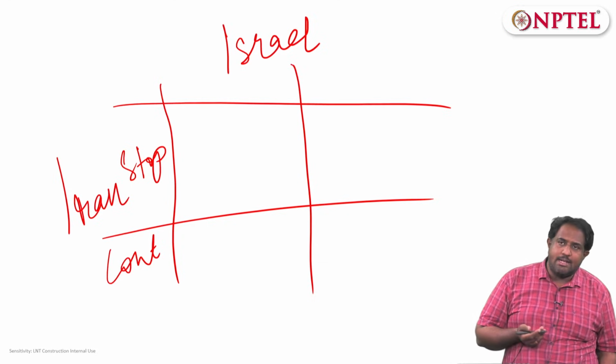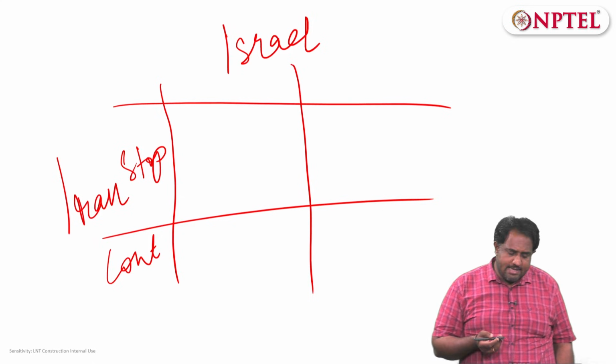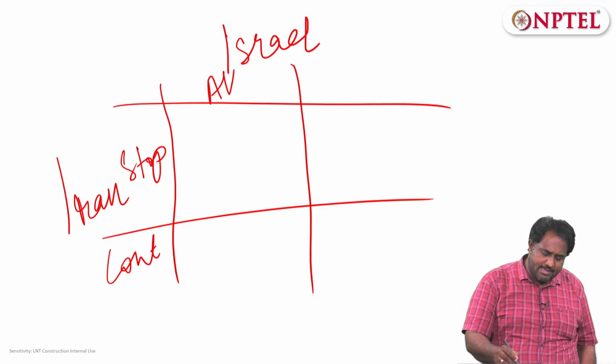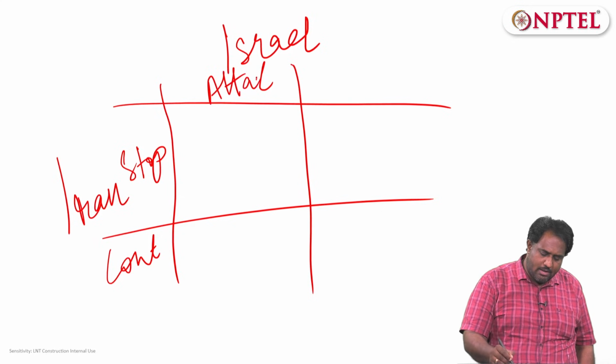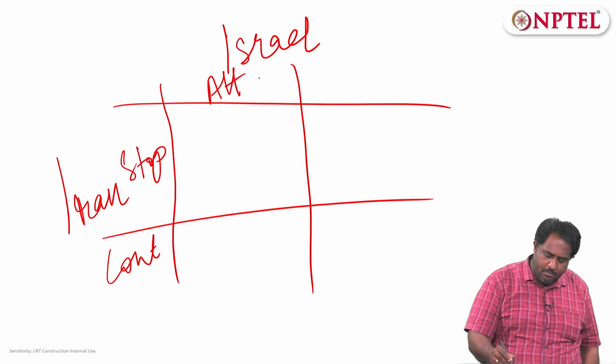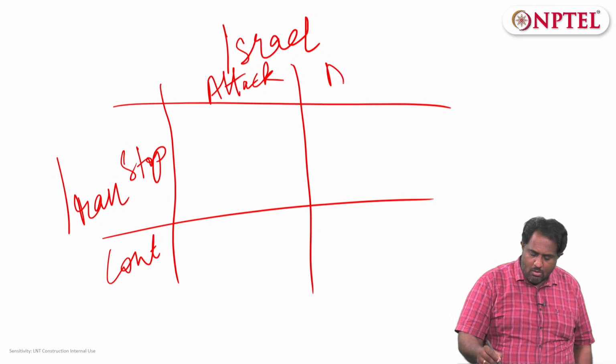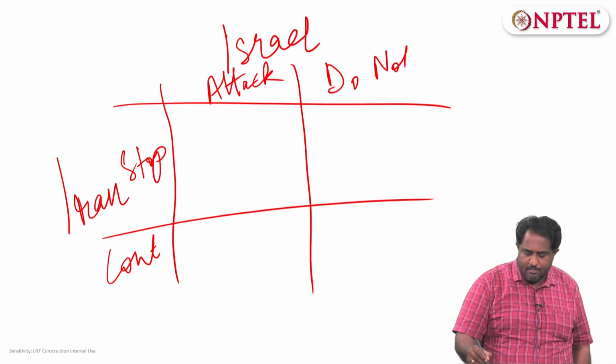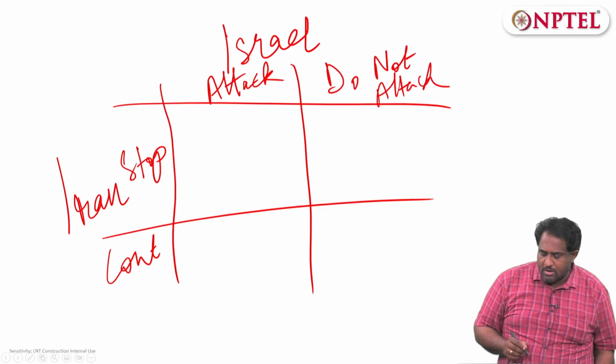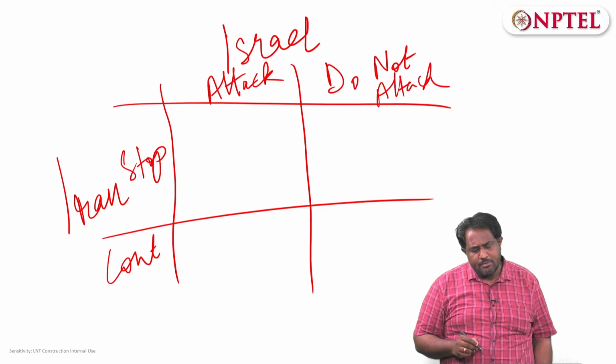And going by that, the options that Israel has, as we had discussed the last time around, were either to get into an attack scenario or not attack the other state, right?